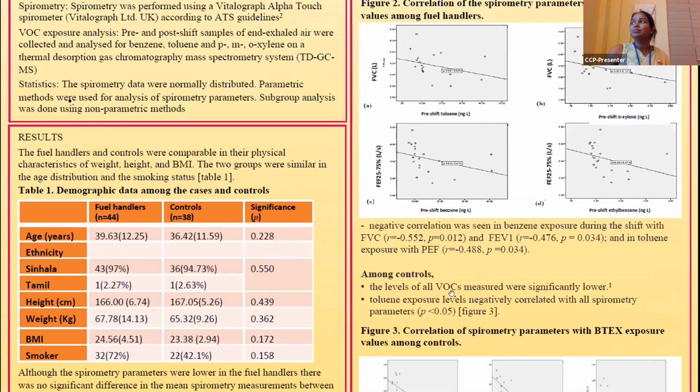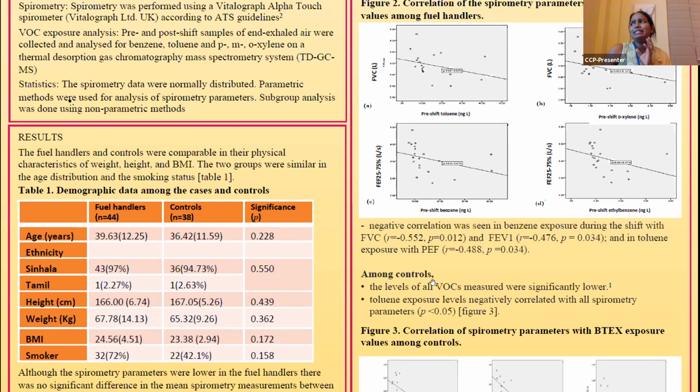Interestingly, among the control group, the level of volatile organic compounds was significantly low, but we still saw a negative correlation of toluene with all the spirometric parameters we measured.